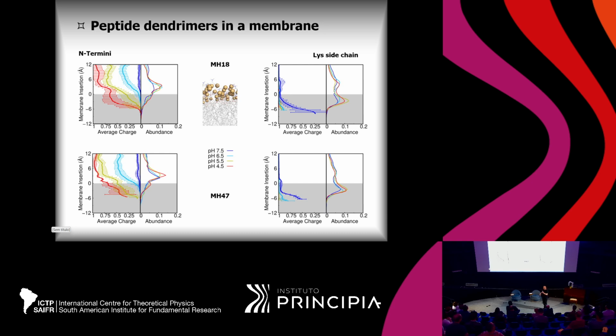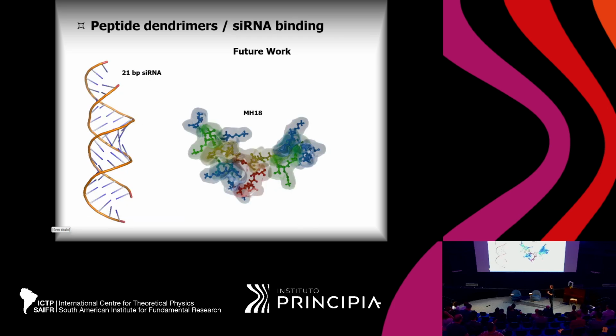So it seems like the N-termini doesn't know that there are 4 lysines missing. It will behave the same way. So it seems like it's just the amount of charge. That's the take-home message. It's just the charge density, the amount of charge that you are able to generate in this kind of spike, this hole that you make in the membrane. You need to have a lot of charge there to actually start to make a dent into the membrane. If you don't have this much charge, you will not have it.